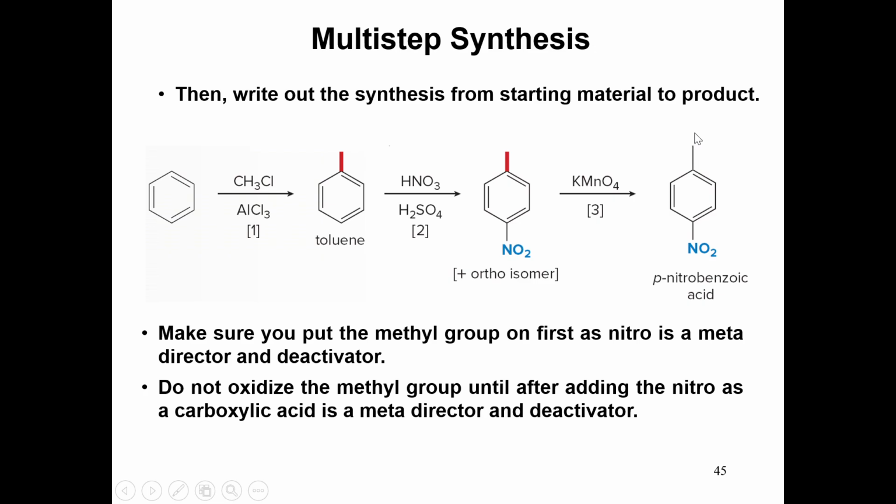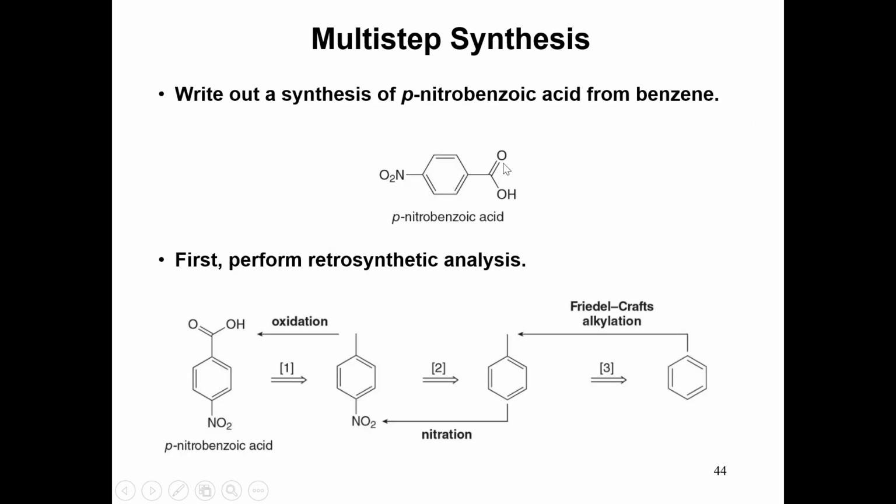It should be COOH, and the nitro group is at the para position relative to the COOH. So we call this para-nitrobenzoic acid. I will change the structure here. So this is the whole process to make this target molecule, which should be para-nitrobenzoic acid.